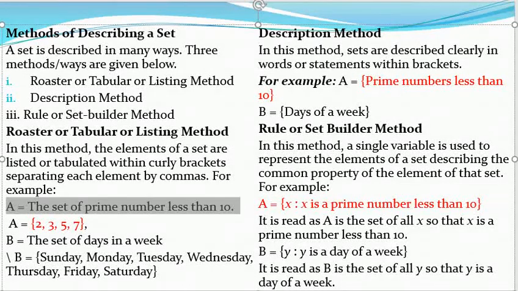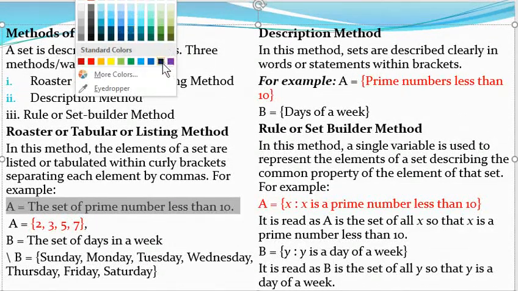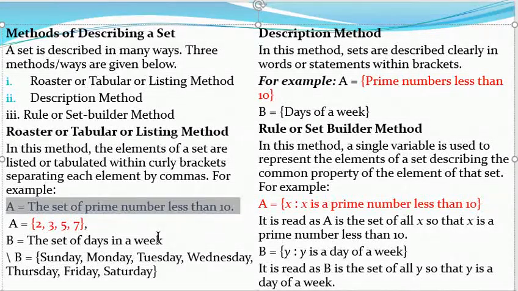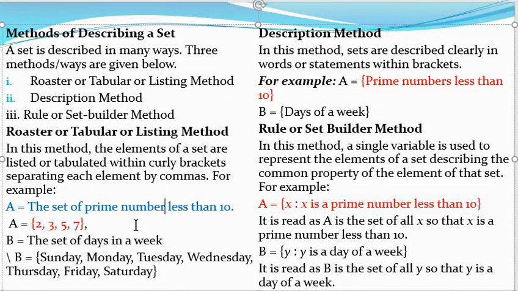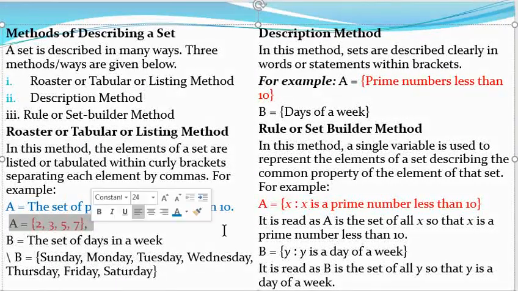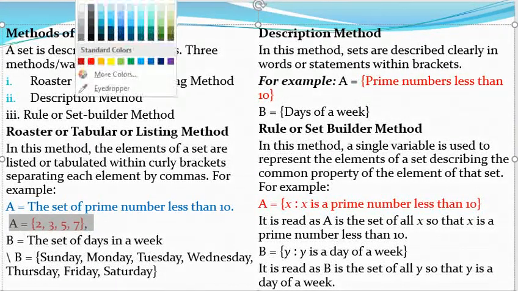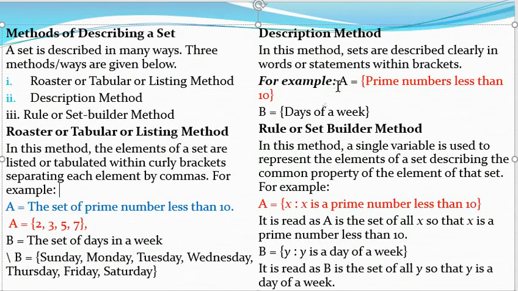Same question. Okay, this is the question. Let me mark it with another color. So this one question has been written in three different methods. One is the listing method, which I have colored red.